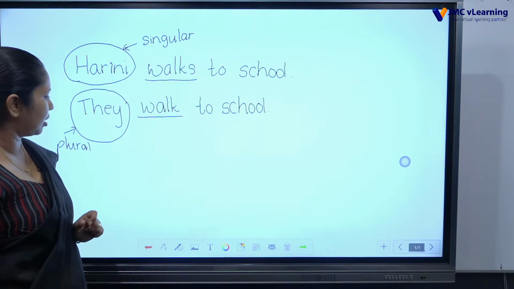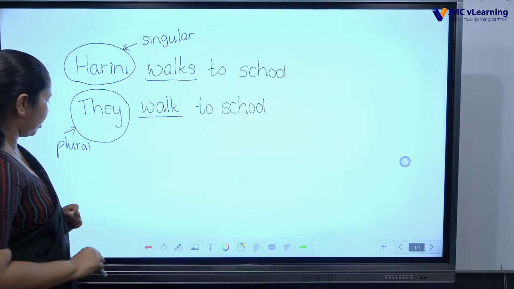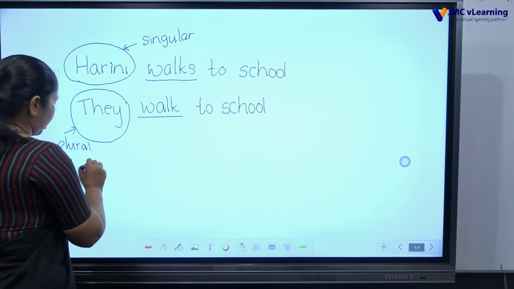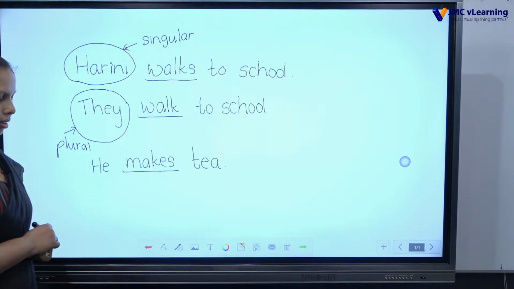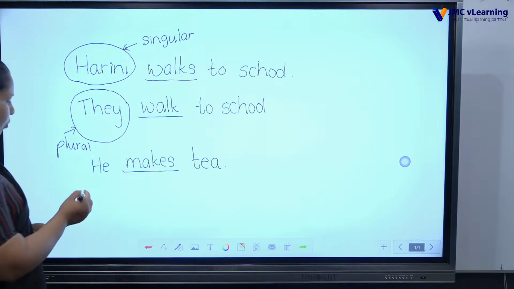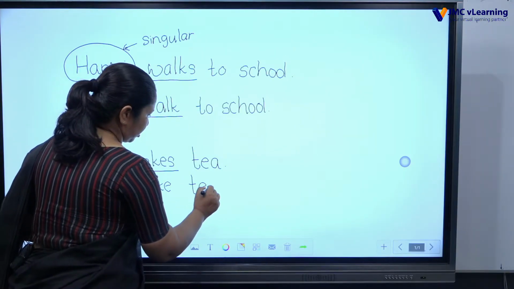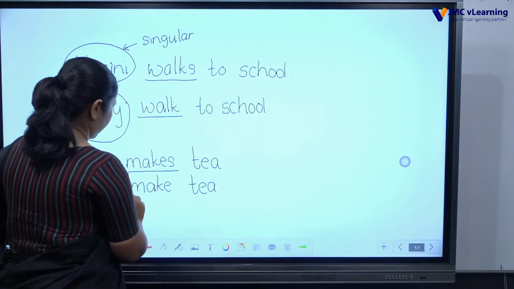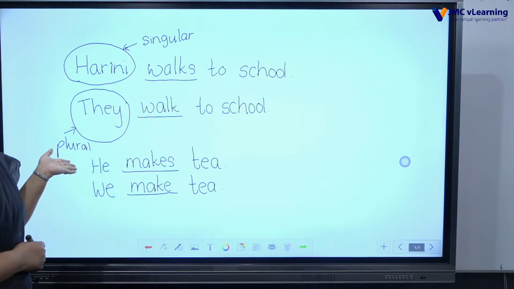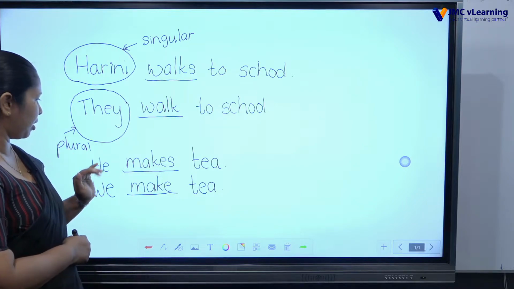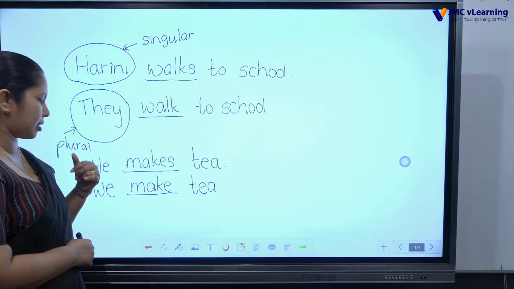We'll just go to another example. The verb make. If I take he, he makes tea. We make tea. Again here, he, the pronoun is in the singular form and the verb is taken as makes.